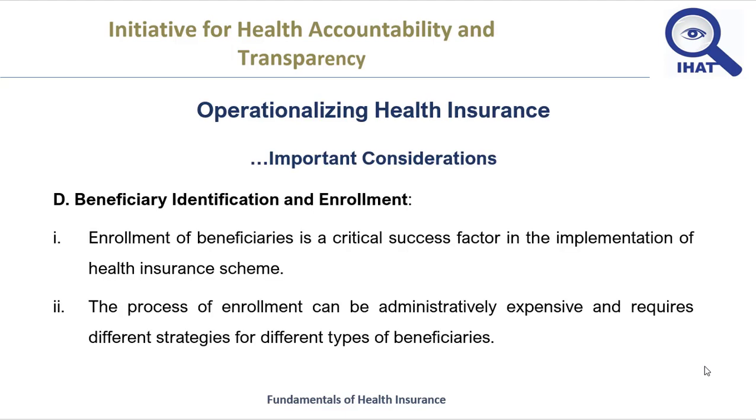Enrollment of beneficiaries is a critical success factor in the implementation of health insurance scheme. The process of enrollment can be administratively expensive, and it requires different strategies for different types of beneficiaries.